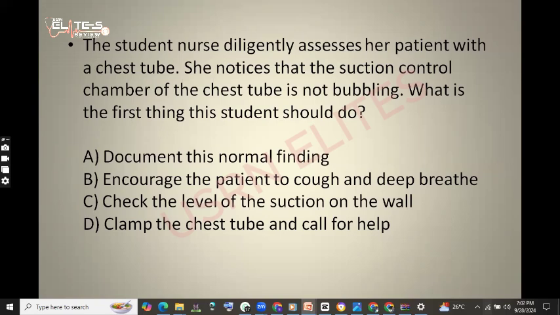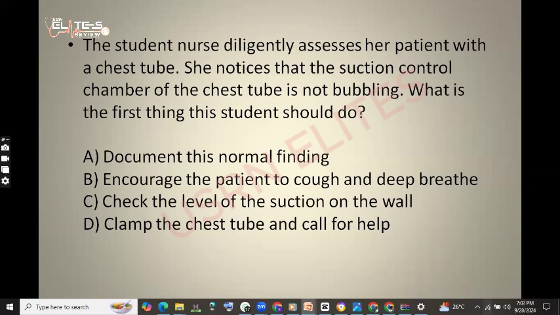Okay. Document this as normal. We know that A can be eliminated because it's not normal. Looking at D, you do not clamp a patient's chest tube without permission, and even for that, it should not last for how many minutes? Who remembers that? Ten seconds.